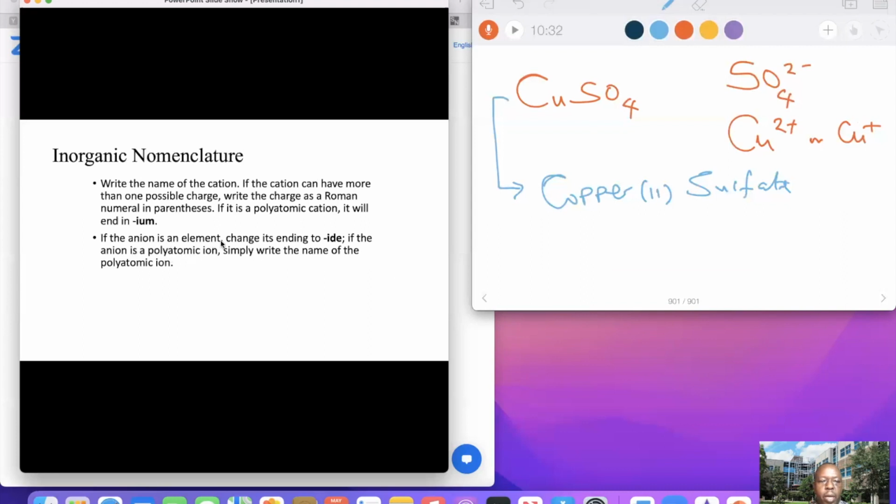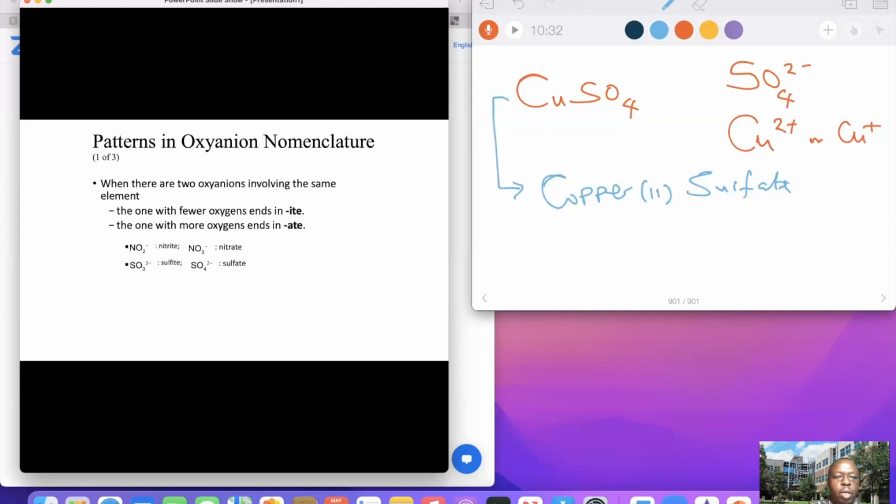If an anion is an element, we change the ending to IDE. I've shown you how that works. These are just a few polyatomic ions, and learn these, so you know which one you are dealing with so that you name them.